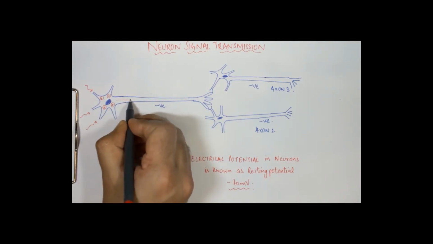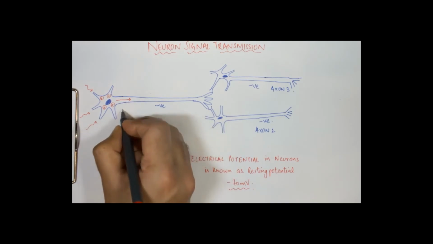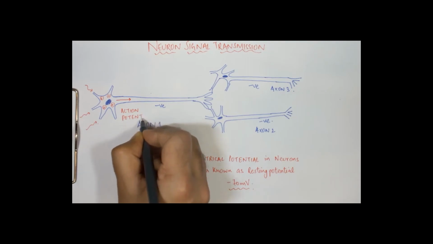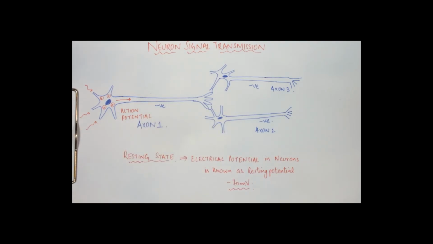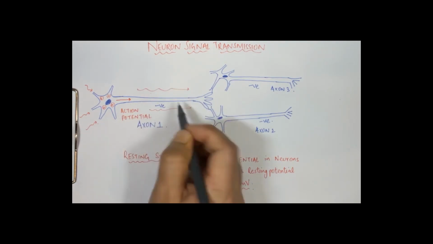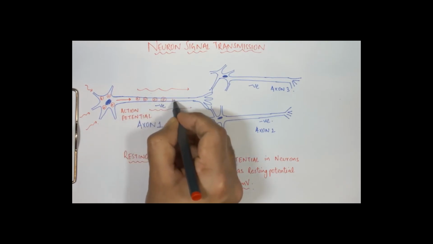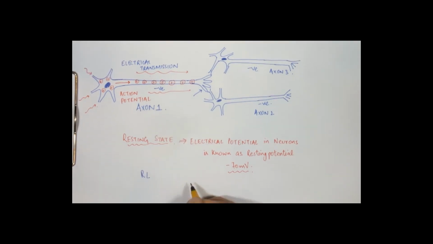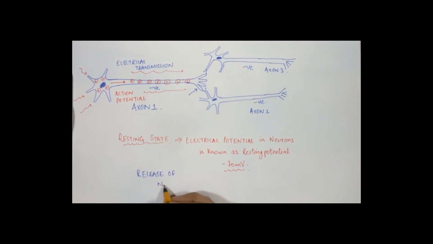And when the action potential develops inside axon number 1, it causes the depolarization of axon number 1 across its whole length, and this electrical signal transmits across the whole length of the axon. And when this positive signal reaches the synaptic terminal of axon 1, it causes the release of neurotransmitters.